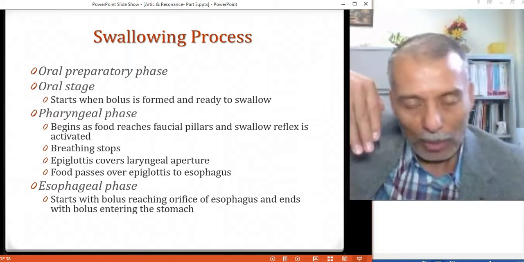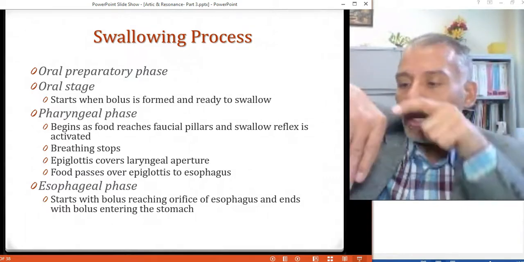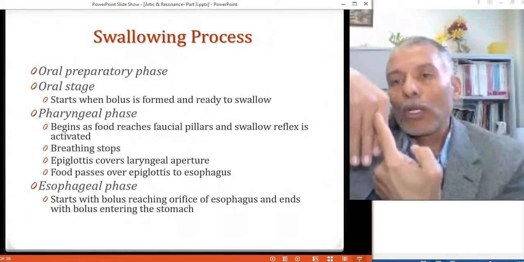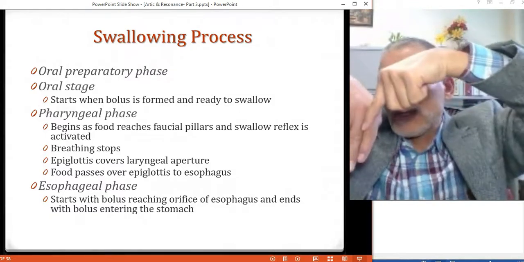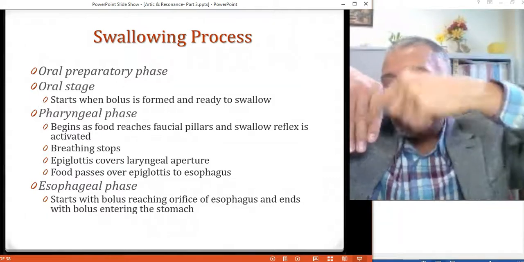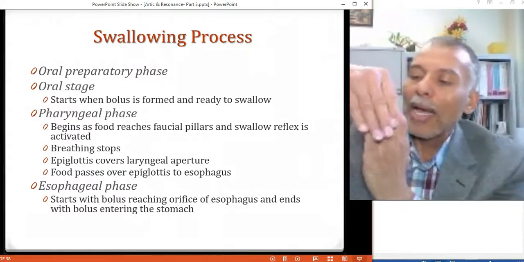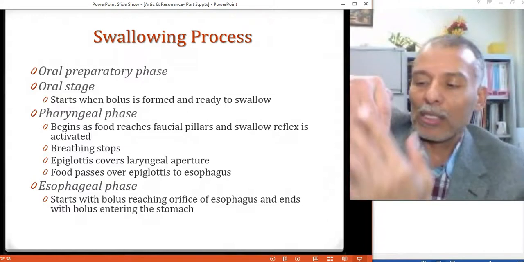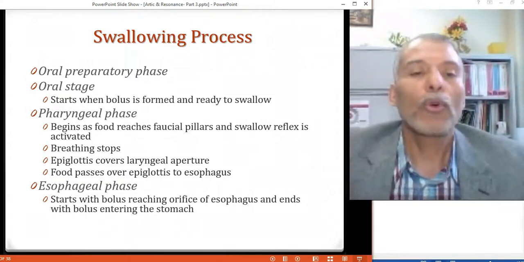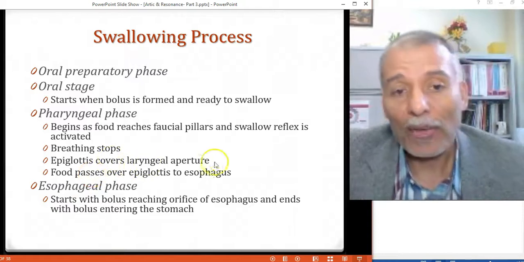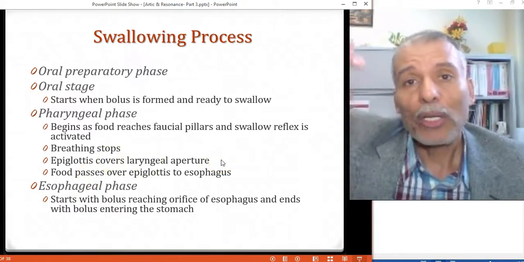We discussed the epiglottis extensively in phonation. It has two grooves on top of it, left and right. The food or liquid is going to go over onto these grooves and directly onto the pharynx. And then at that point it's going to reach the upper esophageal segment.